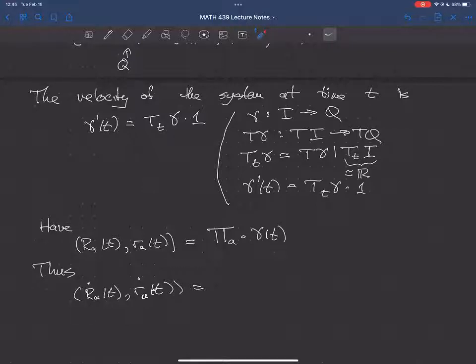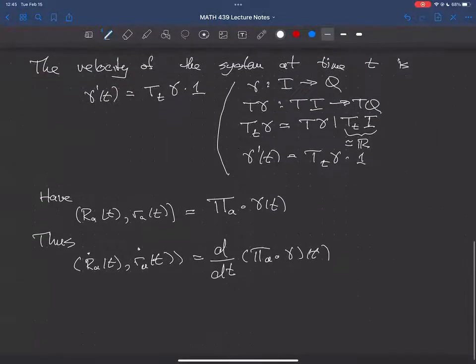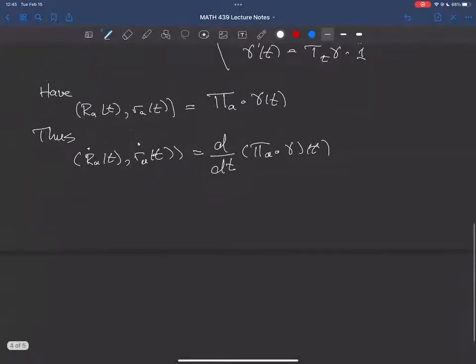And so there's a chain rule for T, the derivative T that we talked about before. And so I'm going d by dt of pi_a composed with gamma of t, and by the chain rule, and the chain rule in this case looks like this.